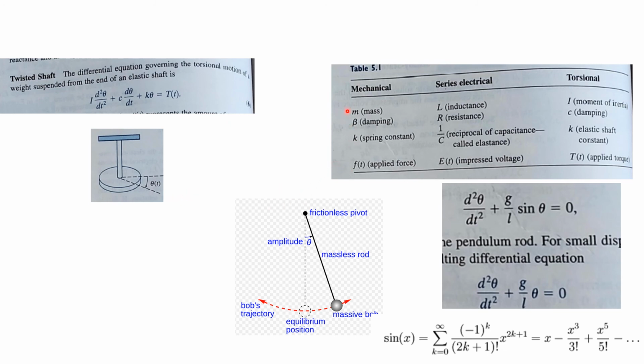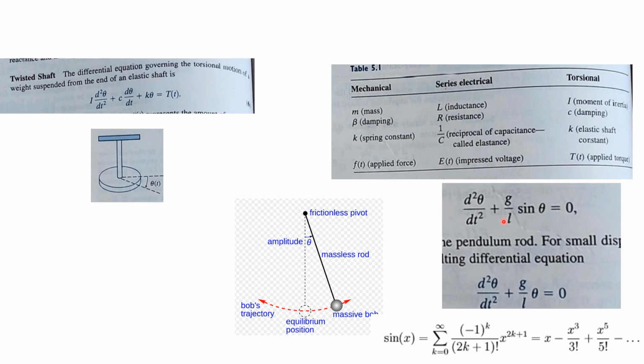So you have mechanical vibrations, torsional vibrations, electrical vibrations, and even models for the simple pendulum. Although this is very nonlinear because of the sine of theta, we know that for theta small, sine of theta is almost theta, and this is exactly the kind of differential equation we've been solving, so that could be an approximation.